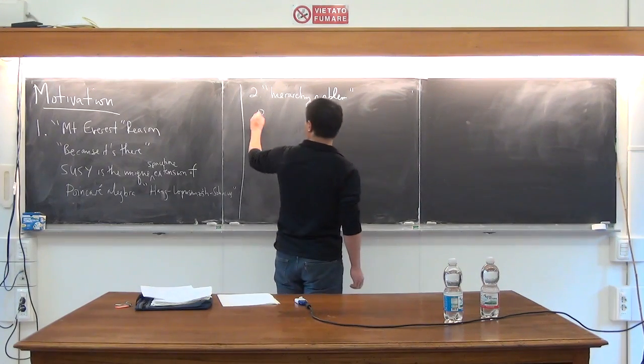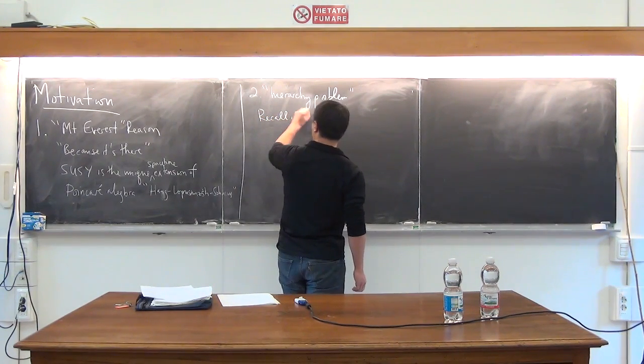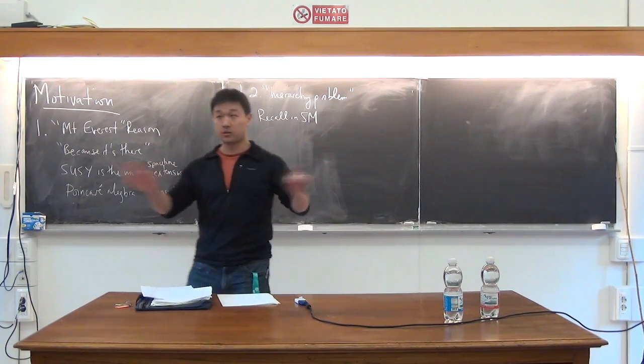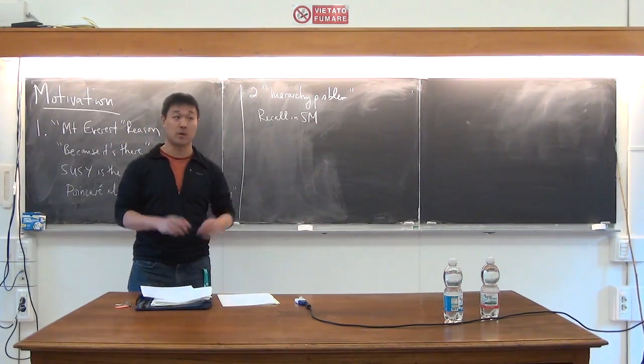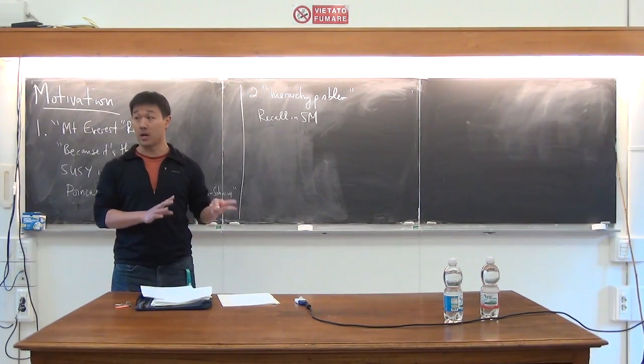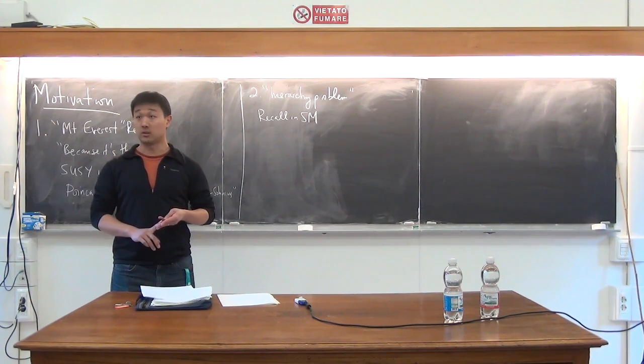Let's recall that in the standard model there are three different parts: the gauge fields, the matter fields, the fermions, and then this last thing which was just discovered, which is the Higgs.